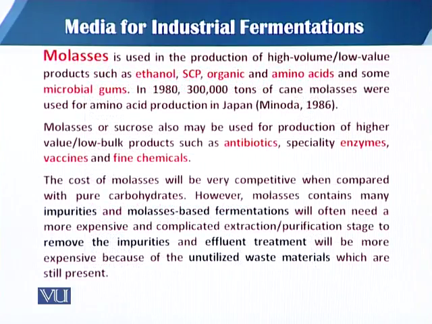A very good example of a carbohydrate mostly used in industrial fermentation is molasses. Molasses is also known as black gold in industrial terms, because it is basically a byproduct. Twenty years back, molasses was considered a waste of the sugarcane and beet industries.